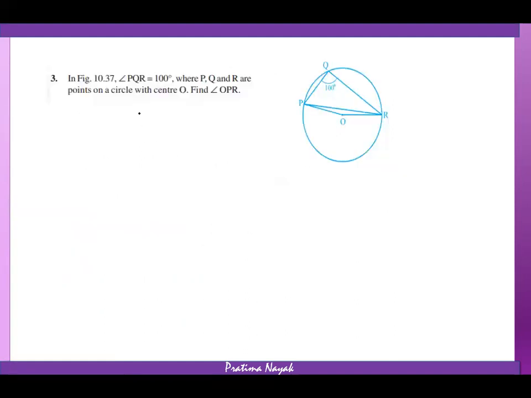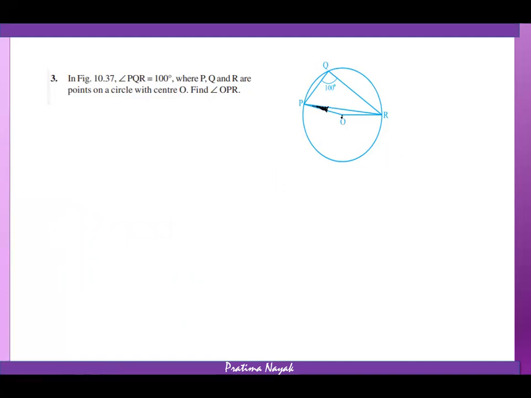Question number 3. A figure is also given. Angle PQR is 100 degrees. P, Q, R are points on the circle. The center is O. Now find OPR. OPR is the small angle you have to find out. How to find it? Is POQR a cyclic quadrilateral?